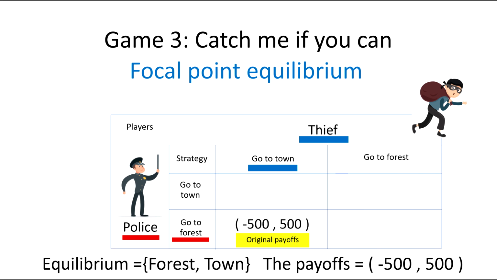You must answer with the original payoffs, not the expected payoffs. You must be very careful about this. So the police will get minus 500, or lose 500 U-tunes, and the thief will gain 500 U-tunes instead. So you may remember that this is a zero-sum game.